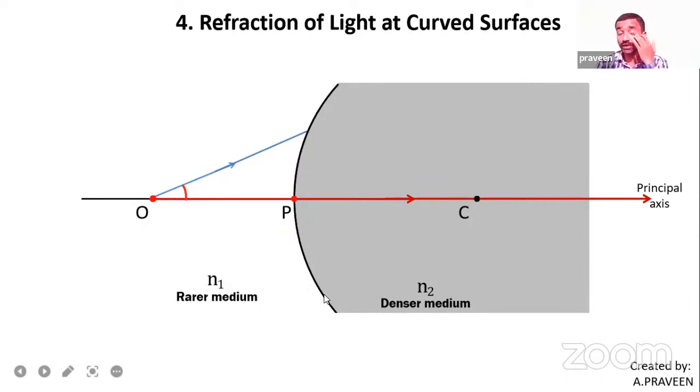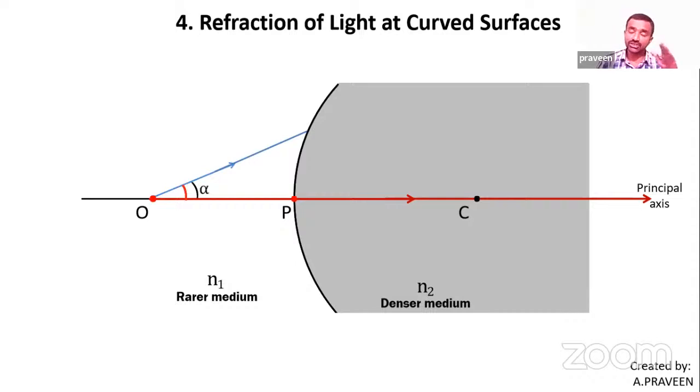What happens will be decided by the normal. The normal is the dotted line connecting the center and the boundary. The angle made by the light ray with the principal axis is taken to be angle alpha.